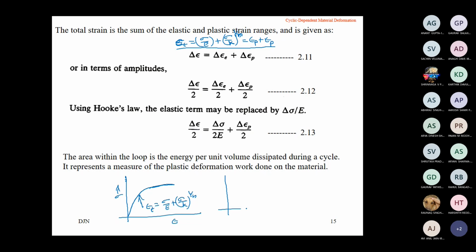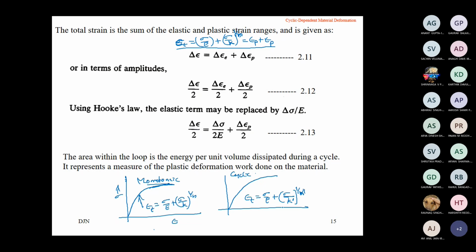We have the CSSC curve. The CSSC curve is also in the same fashion as that of the monotonic load curve, the cyclic load curve. So here total strain is equal to sigma by E plus sigma by, we will write K dash, to the power 1 by n dash.